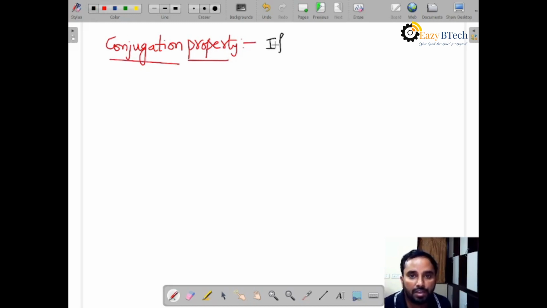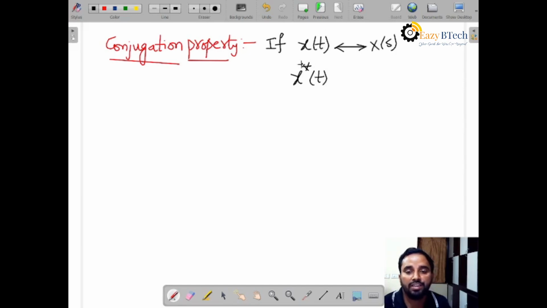If x of t Laplace transform is X of s, conjugation means x star of t Laplace transform, where star indicates complex conjugation of x of t. It will be X star of s star. This is the complex conjugation or conjugation property. And here the ROCs are the same, no changes in ROC. Means x of t ROC is R, x star of t ROC is also R, same ROC.